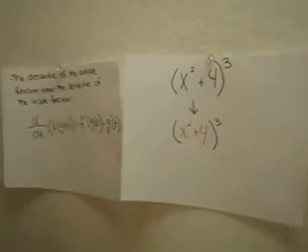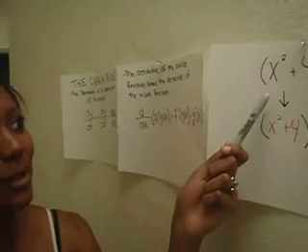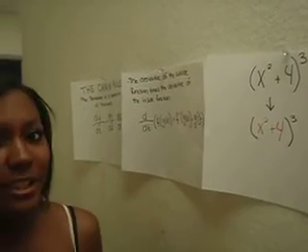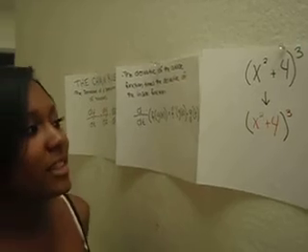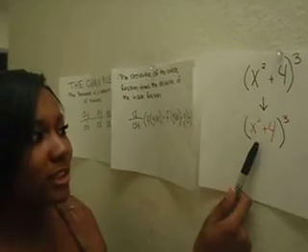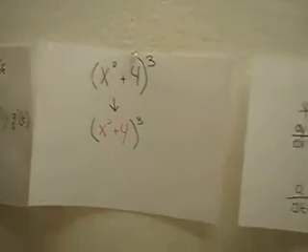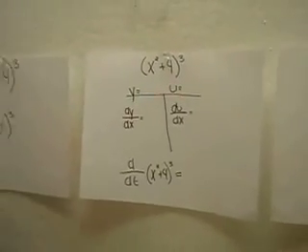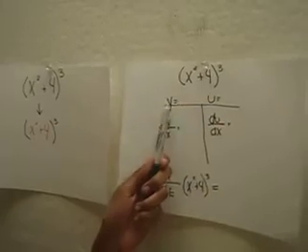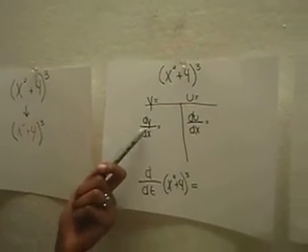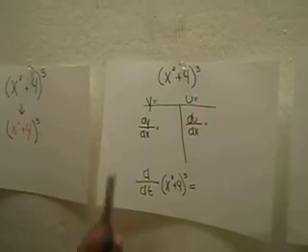So for an example, if you take x squared plus 4, cubed, you have to figure out a y and u value. So obviously x squared plus 4 is plugged in to this parentheses. You can set a table up, figure out what y and u are, and then take the derivative of y and the derivative of u.